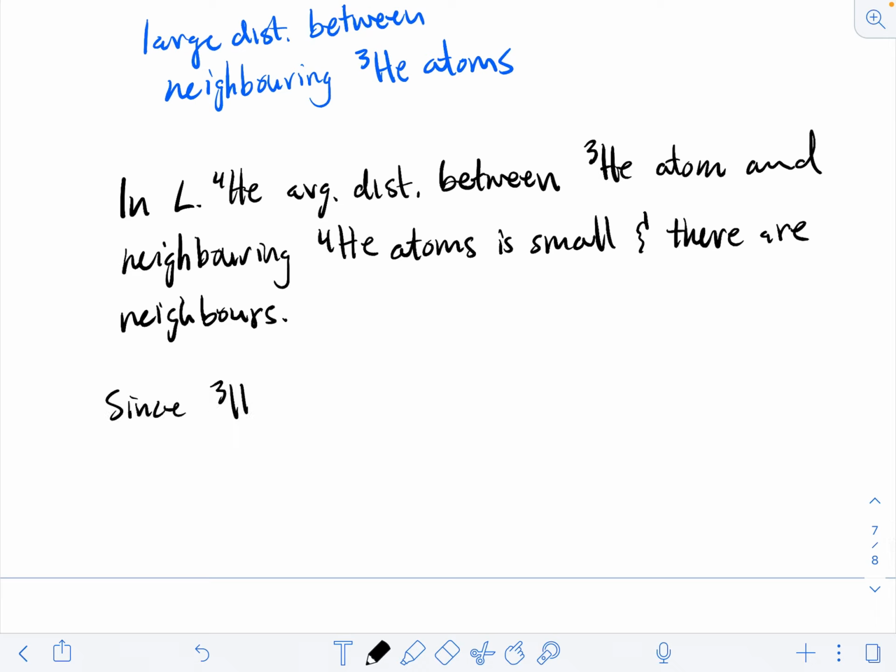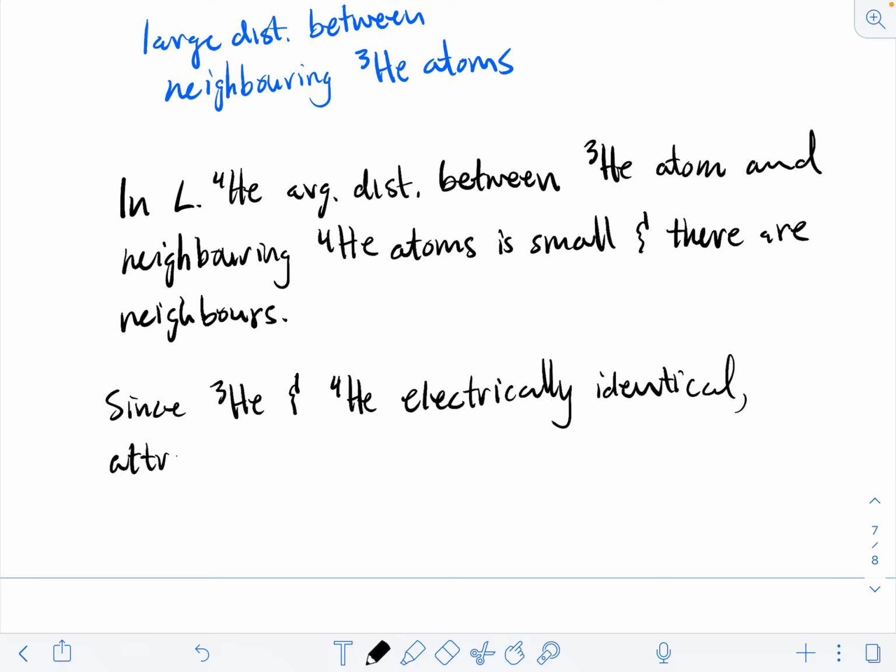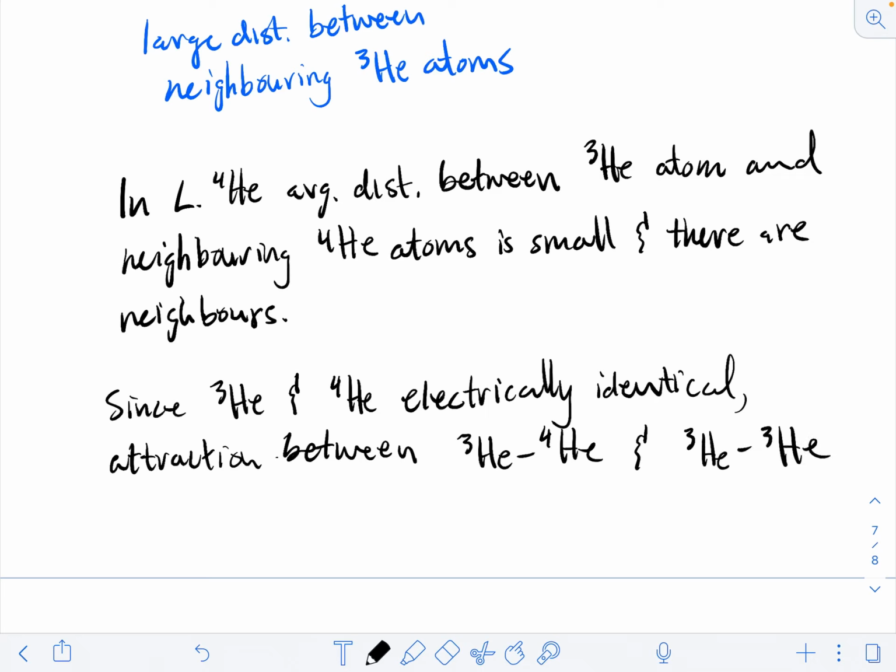Since the helium-3 and helium-4 atoms are electrically identical, the attraction between helium-3 and helium-4, and between helium-3 and helium-3, is determined by the same van der Waals force.